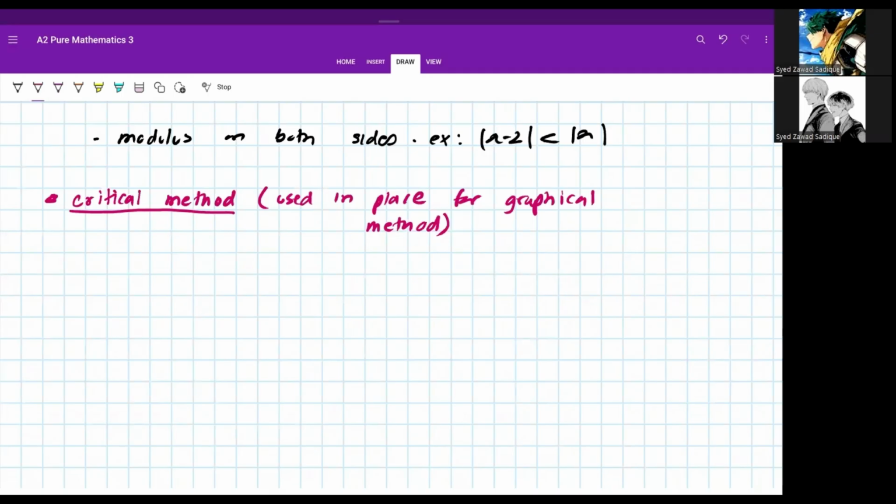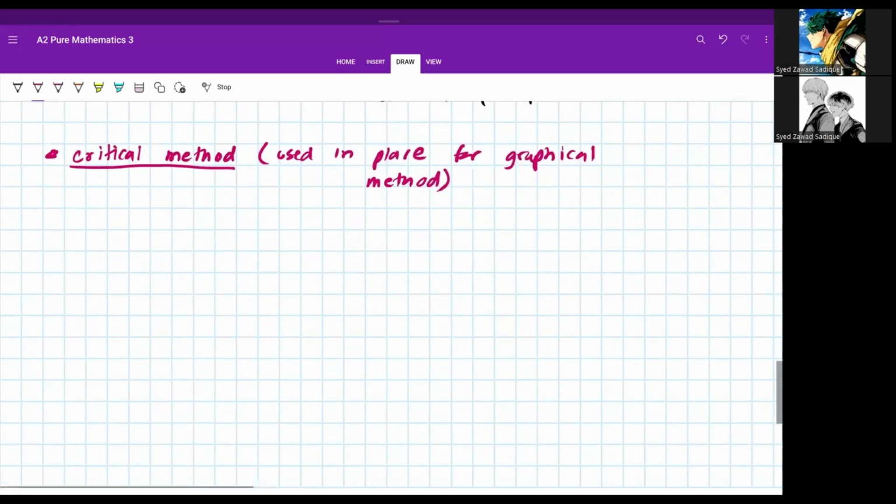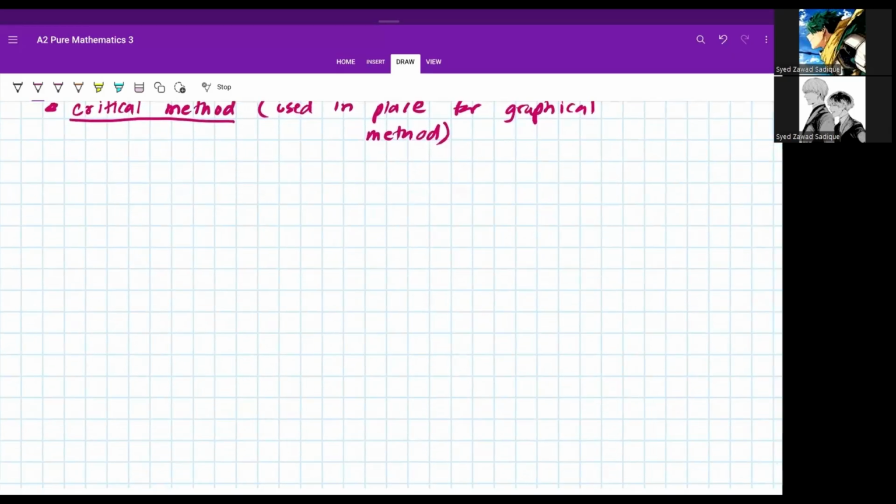All right. Now you guys are not going to understand unless I give you an example. So let's take an example: 1 plus 3x less than modulus of 4x minus 2.